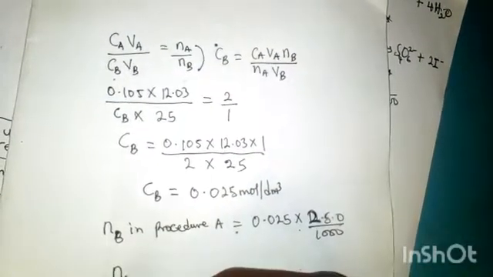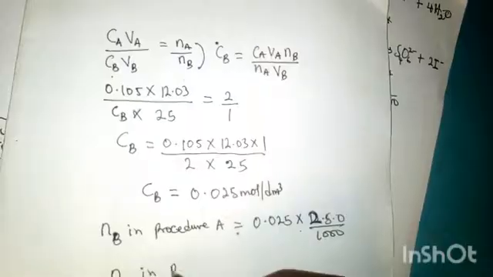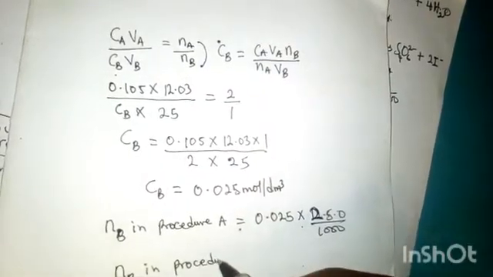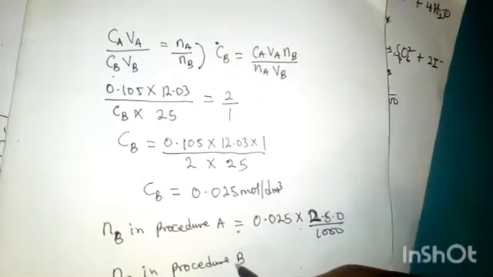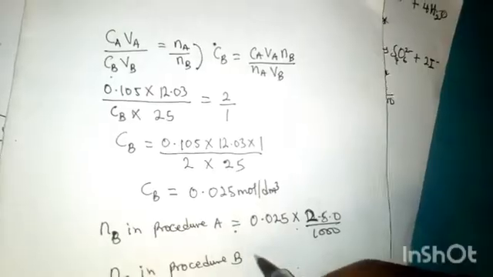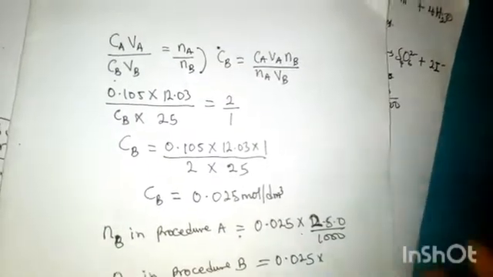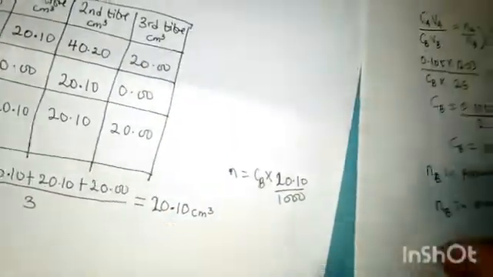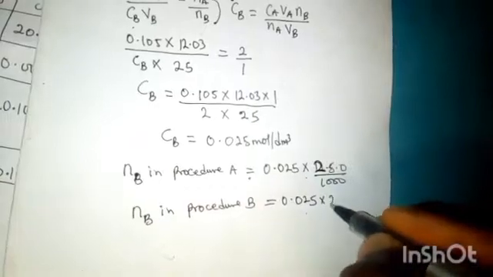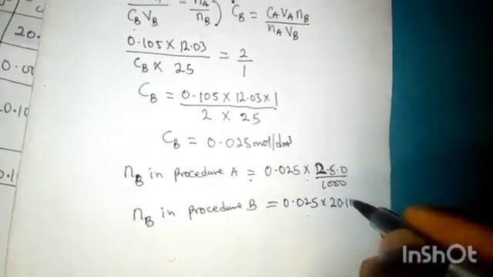The number of moles of B in procedure B is going to be 0.025 times the average titer, since we use it as this, so we have 20.10, divided by 1000. Whatever answer this gives is that.